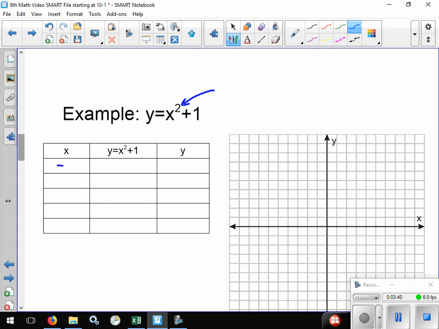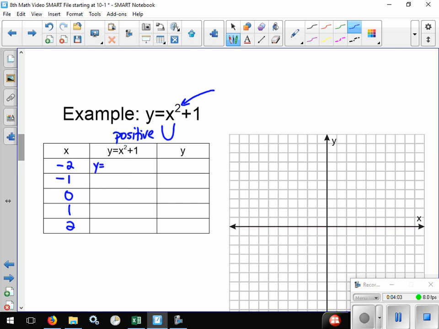So we're going to have negative 2, negative 1, 0, 1, 2. Because this will help us see that U, either uppercase U or lowercase u. And what I see here is that this is a positive x. So I'm expecting an uppercase U, or facing upward, making it a positive quadratic function. Let's see if that works out.